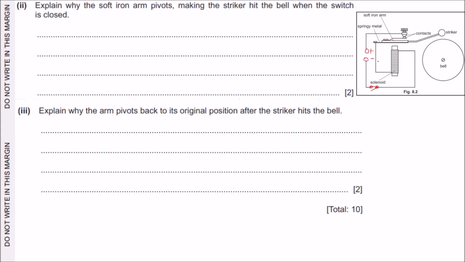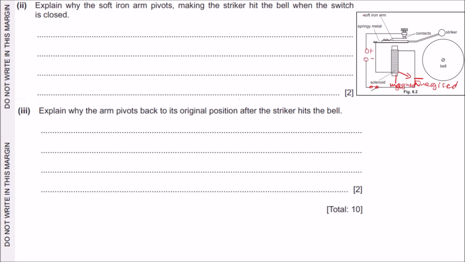So the flow of current energizes the electromagnet. So we say the electromagnet is energized. What do we mean by that? The iron bar inside the magnet begins to behave like a magnet. So we now have a magnet here.